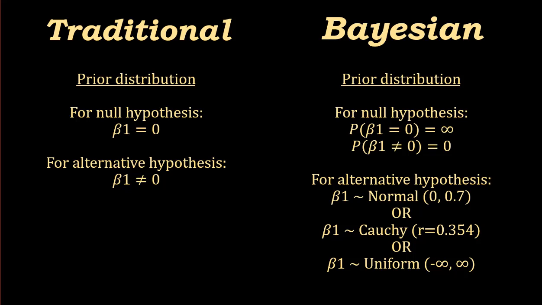JASP uses this one, which is a Cauchy distribution with r parameter being 0.354, and which has similarities to the normal. So this shape is similar. Another option is to put a uniform distribution on an interval that goes from negative infinity to infinity, so all the values are equally likely.